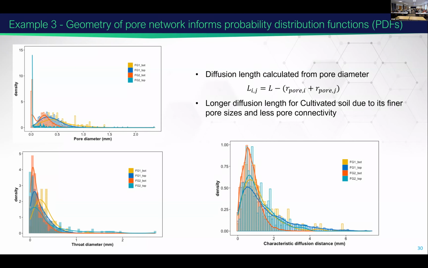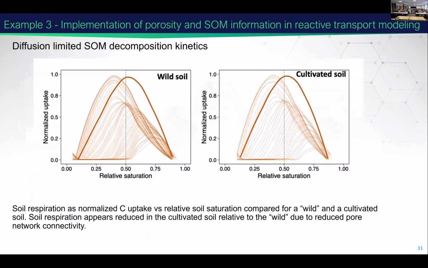So here we are comparing two soils where we are seeing that the longer diffusion length due to the less connected pore network basically results in worse diffusion or transport. And this is important if you want to understand diffusion limited organic matter decomposition kinetics. So basically soil respiration.